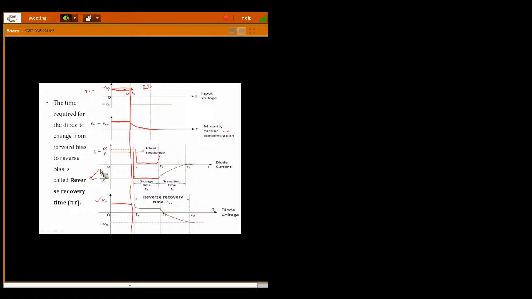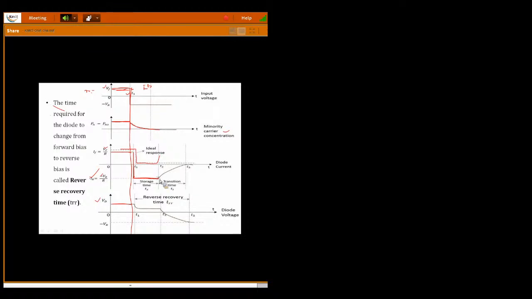That is what I said just now. When you change the bias voltage immediately from forward to reverse, it does not change that fast. Initially a large number of minority carriers are at this junction. Due to that, this amount of current flows, the reverse saturation current.